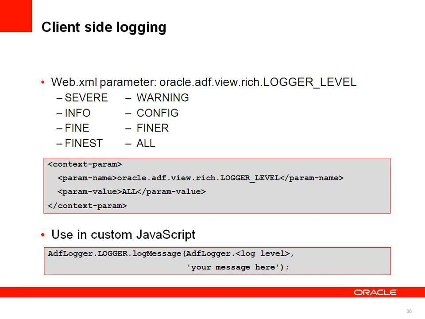Then we can perform client-side logging. Again, it's a setting in the web.xml file where I can specify the log level. And what will happen is whatever is getting written on the client is printed to the console. In Firebug, if you switch to the Firebug console, you see a lot of information being printed by the normal way of working within the client. Or if you, as a developer, in your function code print a message on the info level, like what I'm showing there, if I call ADF logger log message, and then similar to what I do on the server side, I just choose the logger level and then the message, this also gets printed to the console.